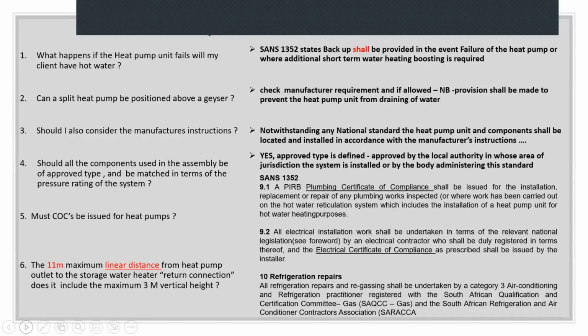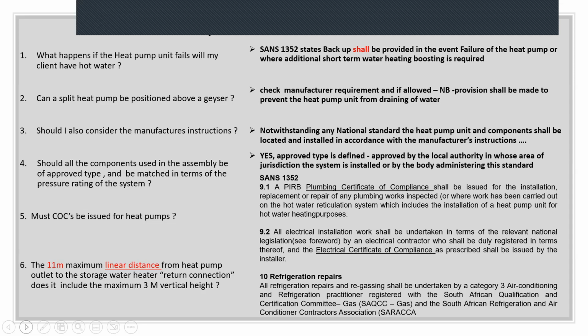The other question that comes up, and it's more from a misunderstanding, is this 11 meters that's referred to in the standard. It reads, the 11 meter maximum linear distance for heat pump outlet. So the 11 meter maximum linear distance from the heat pump outlet to the storage water heater return connection, does it include the maximum 3 meter vertical height?